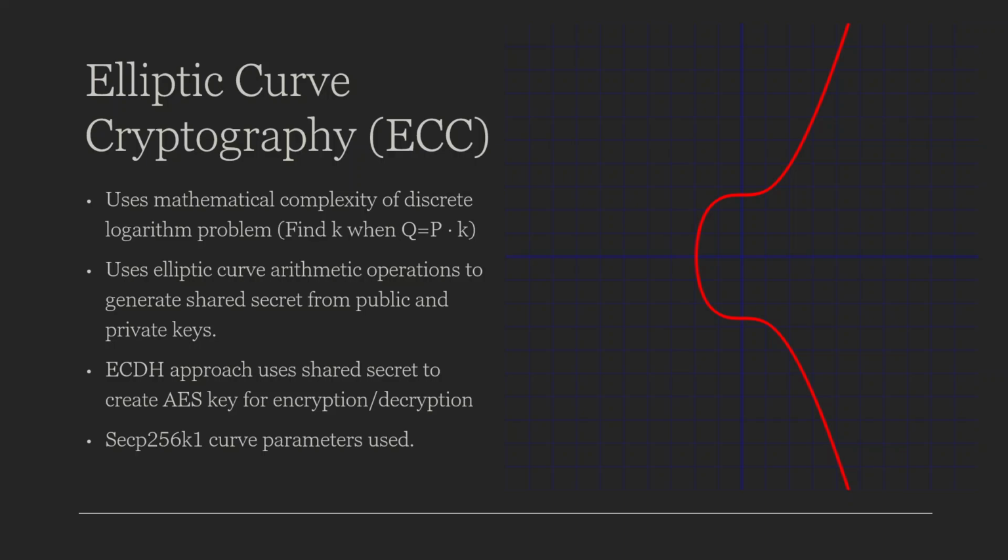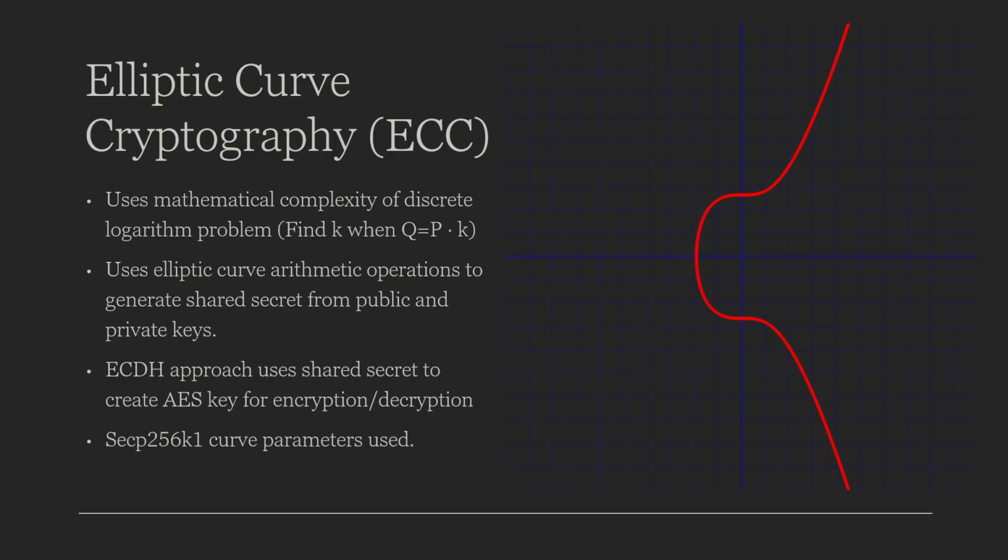But I went with something called elliptic curve Diffie-Hellman approach, and it uses the shared secret generated from the public and private key to create a symmetric key for encryption and decryption. And since I already had AES implemented last semester, I figured I'd go with this, make it a little bit more simple. With elliptic curve cryptography, there are a bunch of different curves you can choose from.